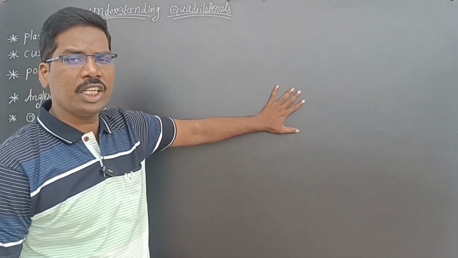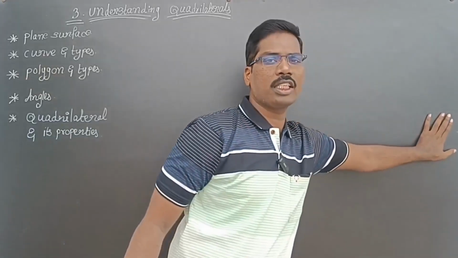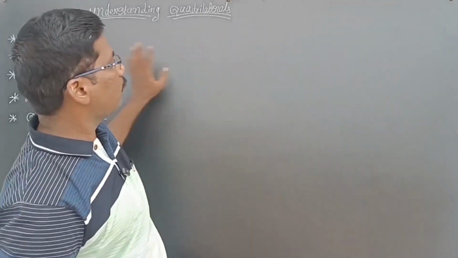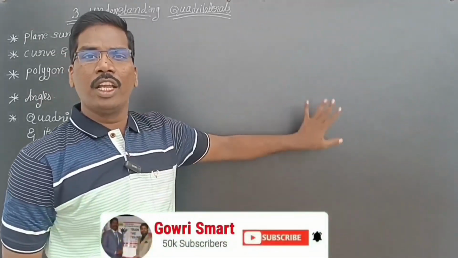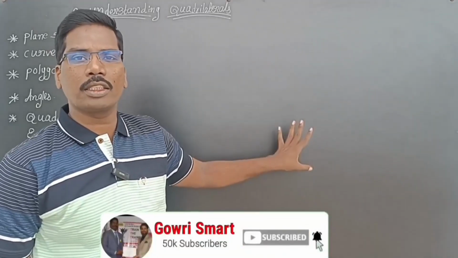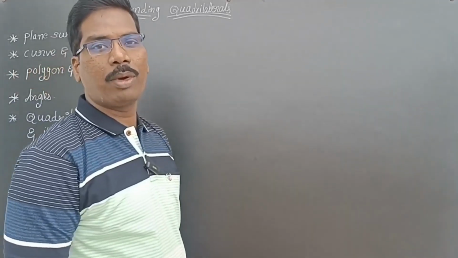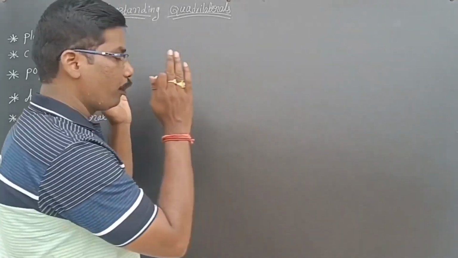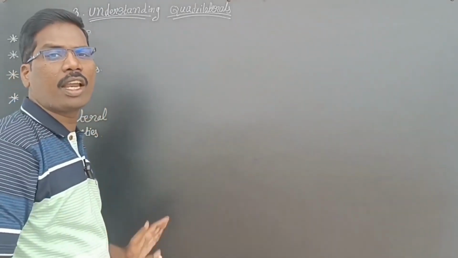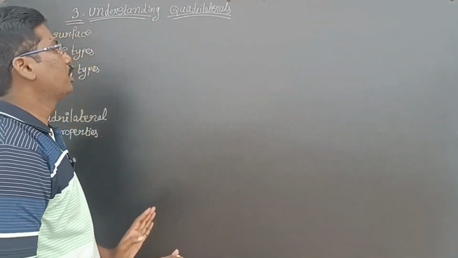So this board is extending in this direction, this direction, this direction, this direction. If this board is extending in all directions, then we can say that this board is called a plane surface. Plane surface means where the x-axis and y-axis exist.